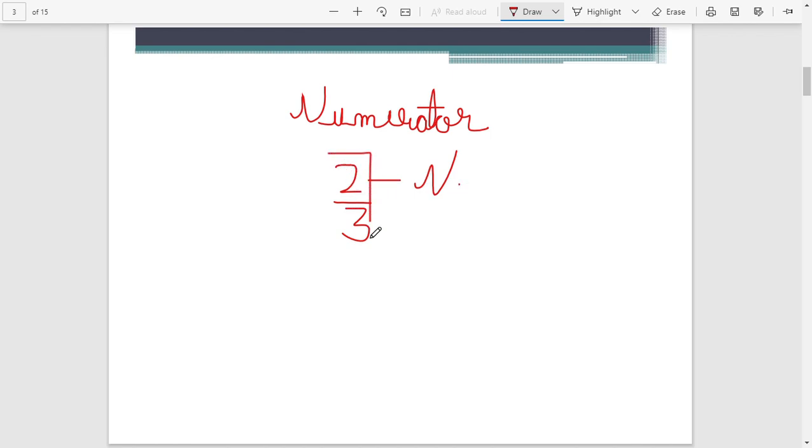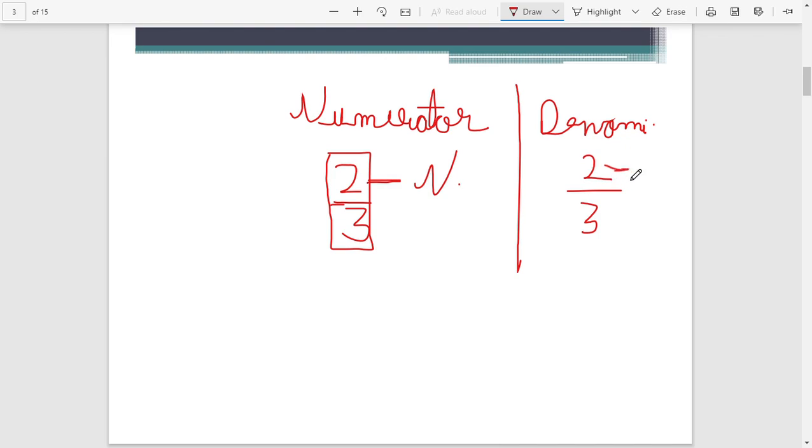You will be thinking, then what is the denominator? Let's take the same example, 2 upon 3. The numerator was 2, the upside digit, and the digit which is downside is known as the denominator. The upside digit is the numerator and the downside digit is the denominator.